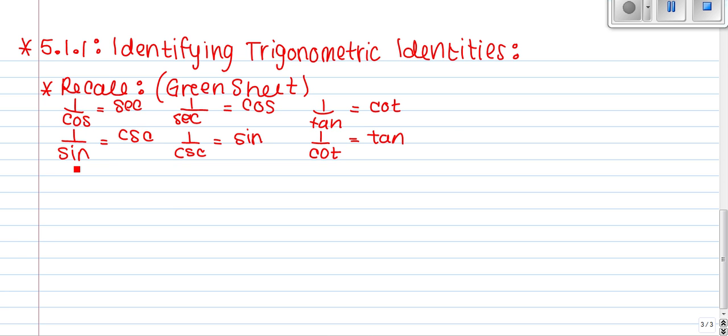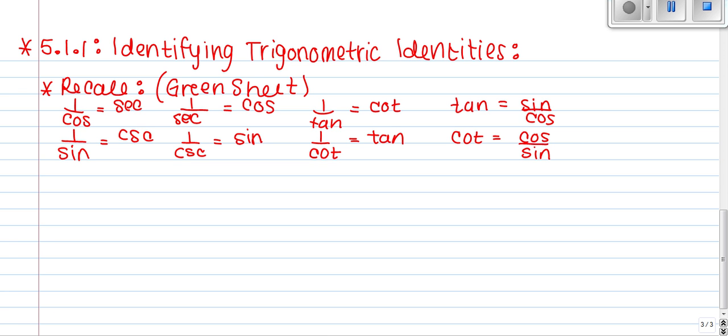We're also going to be using the quotient identities, which say that tangent is equal to sine over cosine, and cotangent is equal to cosine over sine.